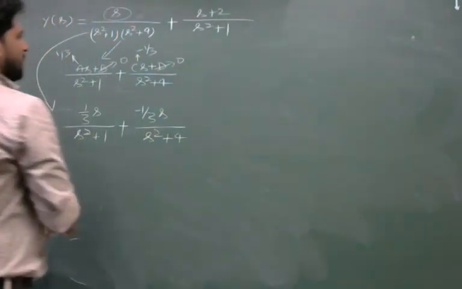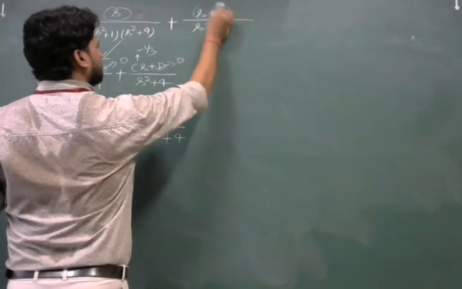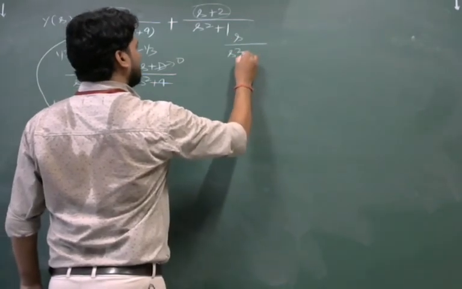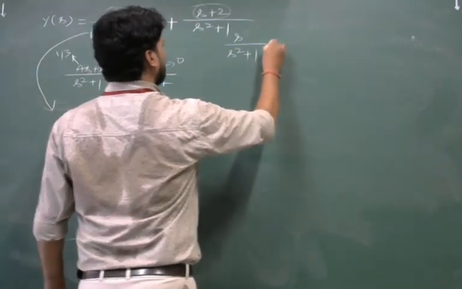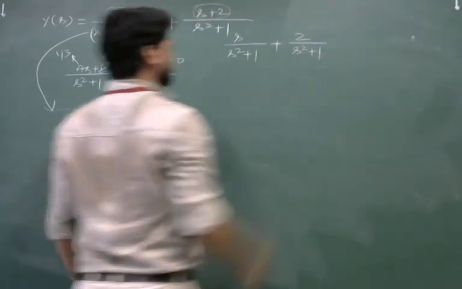This can be written as s upon s square plus 1 plus 2 upon s square plus 1.